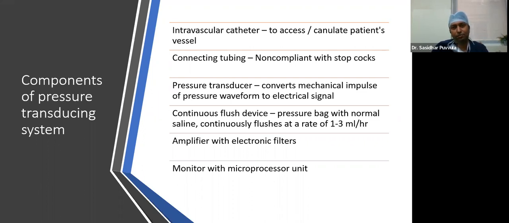This flushing keeps the catheters and tubings open, prevents clotting, and especially prevents the backflow of blood when you are monitoring the arterial pressures. And you have the electronics with amplifiers in the monitors and microprocessors, which convert this electrical signal coming from the transducer into a waveform and into a number.